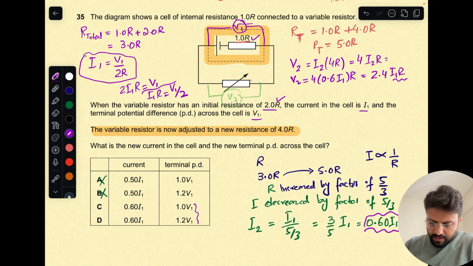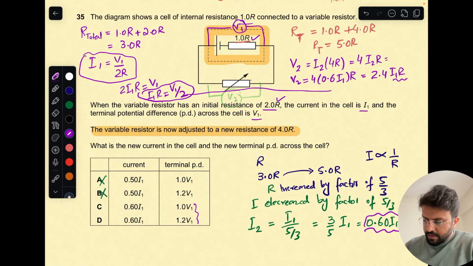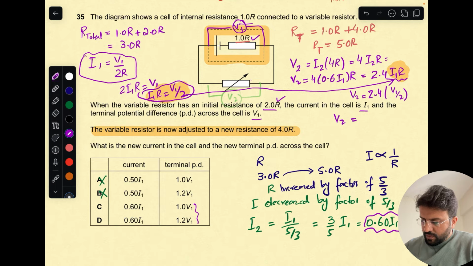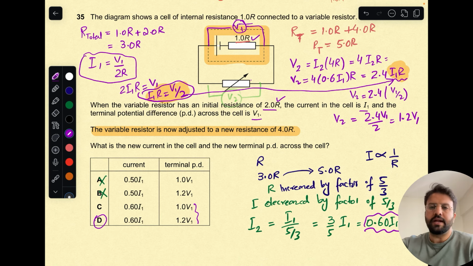So I can put this here: V2 equals 2.4, and in place of I1R I put V1 over 2. So V2 is 2.4 into V1 divided by 2, which gives 1.2 V1. So option D is correct.